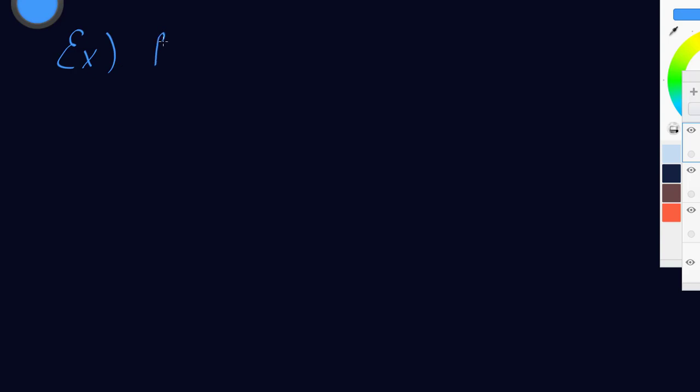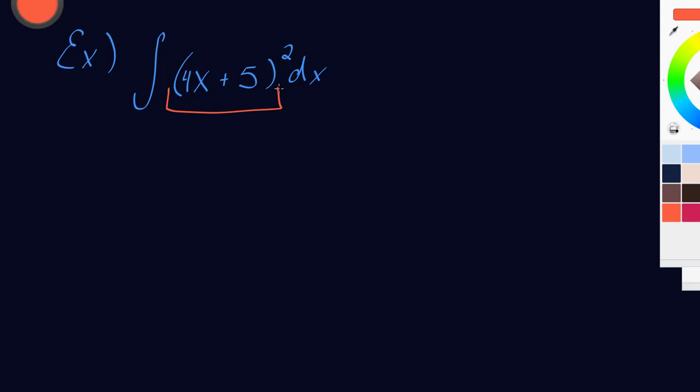So another example of taking the derivative, or I'm sorry, the antiderivative is, let's say that we had 4x plus 5 squared dx. Now we can't do the chain rule or the power rule because we have that 2 here, and remember we're doing the antiderivative. So what we need to do before we start taking the antiderivative of this is that we need to expand this portion first.